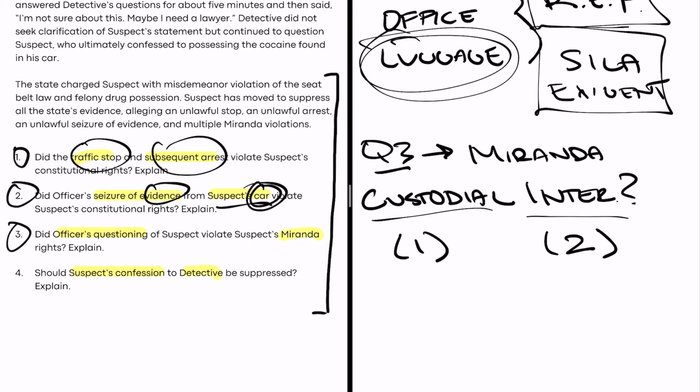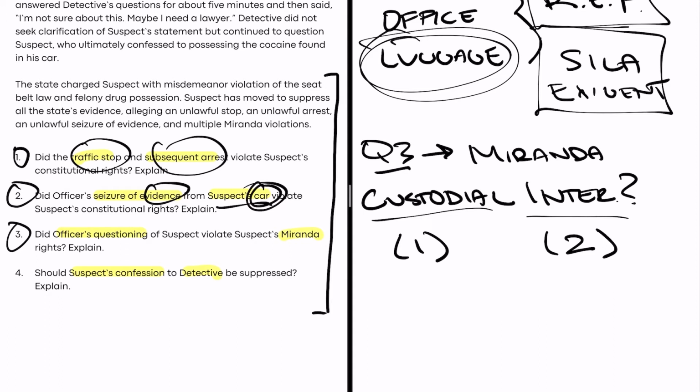Anything the suspect says can and will be used against him in a court of law. The suspect has the right to an attorney. If the suspect cannot afford an attorney, one will be provided for him. A police officer has to let the suspect know these 4 basic Miranda rights before conducting a custodial interrogation. Failure to do so will result in a Miranda violation. So the starting point rule when we're thinking about question number 3: was officers' questioning of suspect a custodial interrogation?